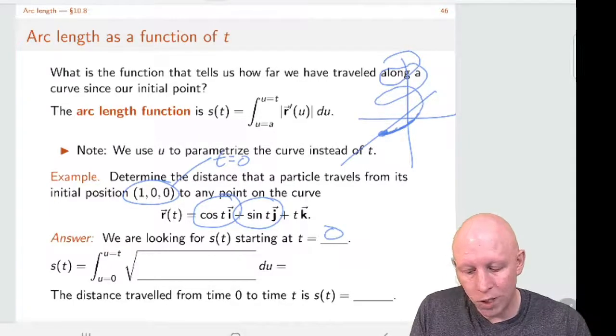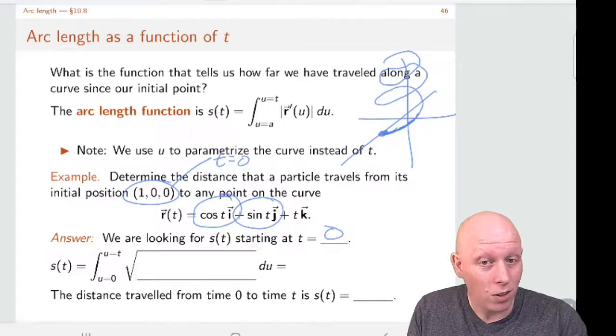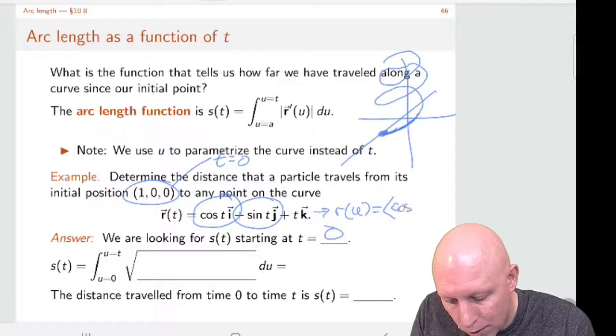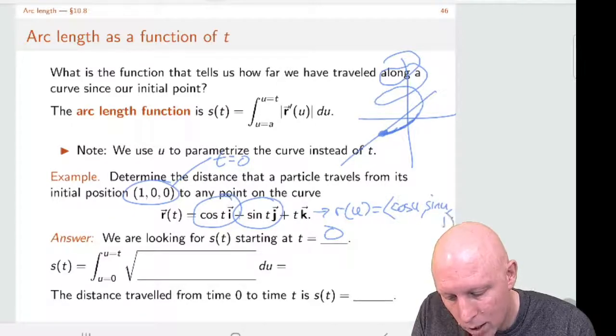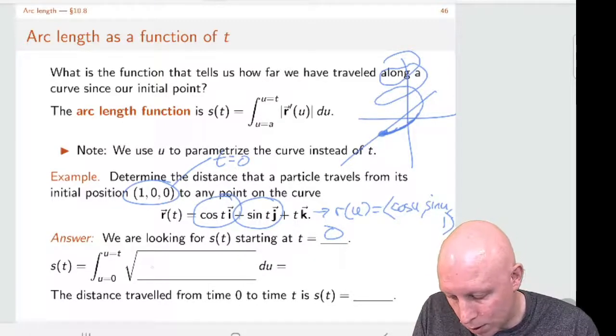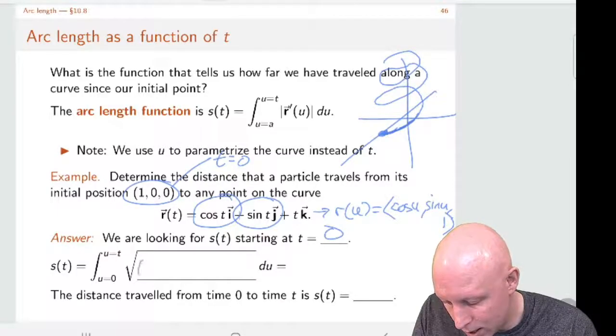For this function, we need to find the arc length function. So we replace r of t by r of u equals cosine u, sine u, 1. We take the derivative of each of the pieces. The derivative of cosine is negative sine u, squared.